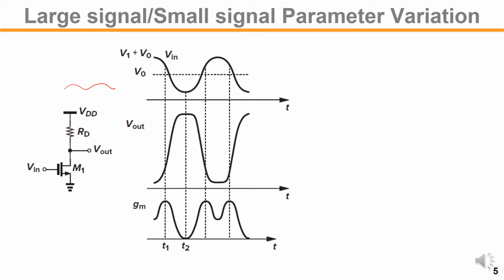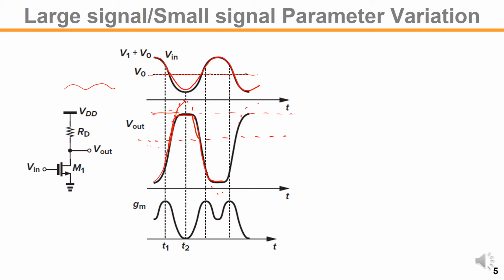For example, if the input is biased at this V0 level and moves around V0 like this, then the output will be amplified, so it will go up and down. But if your output common mode is not well defined, or the input signal is too large, then your signal will be clipped like this.